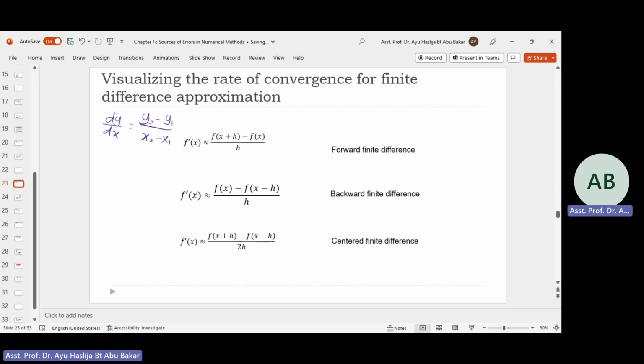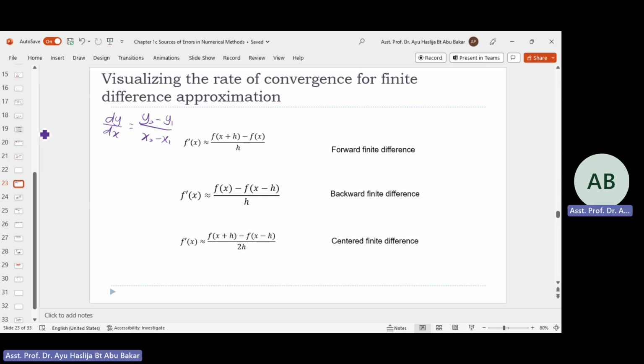Last time, when you were drawing your linear graph, you wanted to find your slope, delta y over delta x. So that is dy over dx, equivalent to f prime x. Apart from using the calculator, we can use this kind of equation. We know that f prime is equivalent to dy dx.